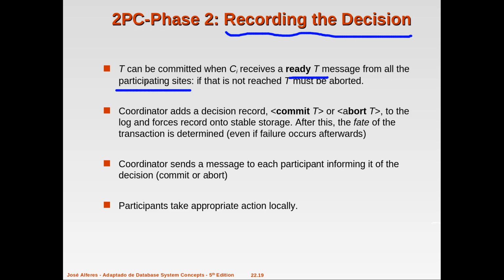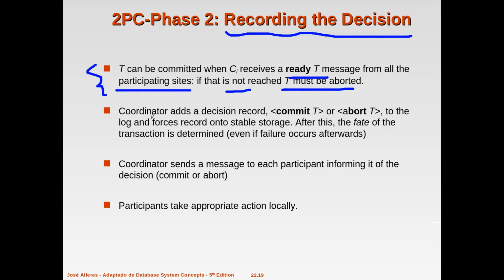Now if it receives a ready T message from all the participating sites, the transaction can be committed. If not, T must be aborted. So this is the decision made based on the responses from the various sites participating in the transaction.